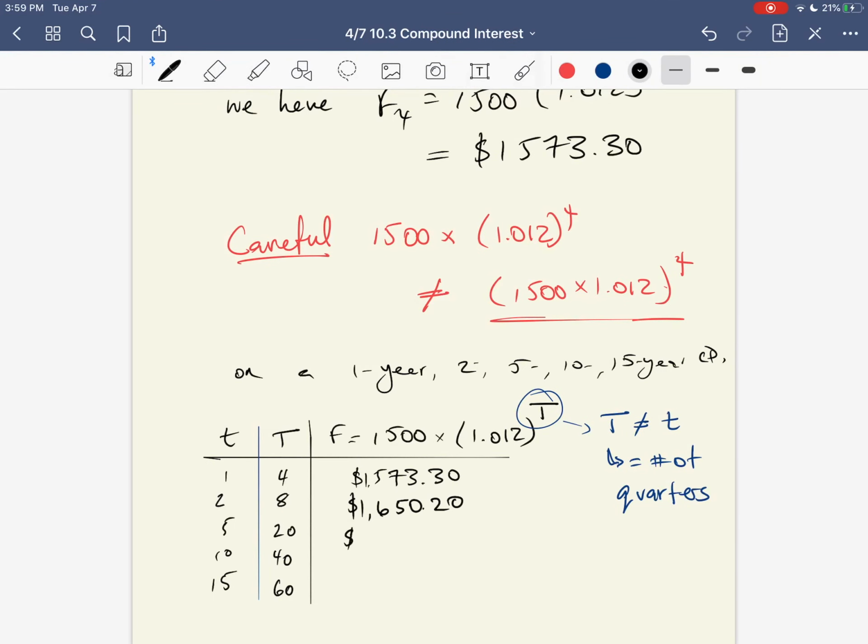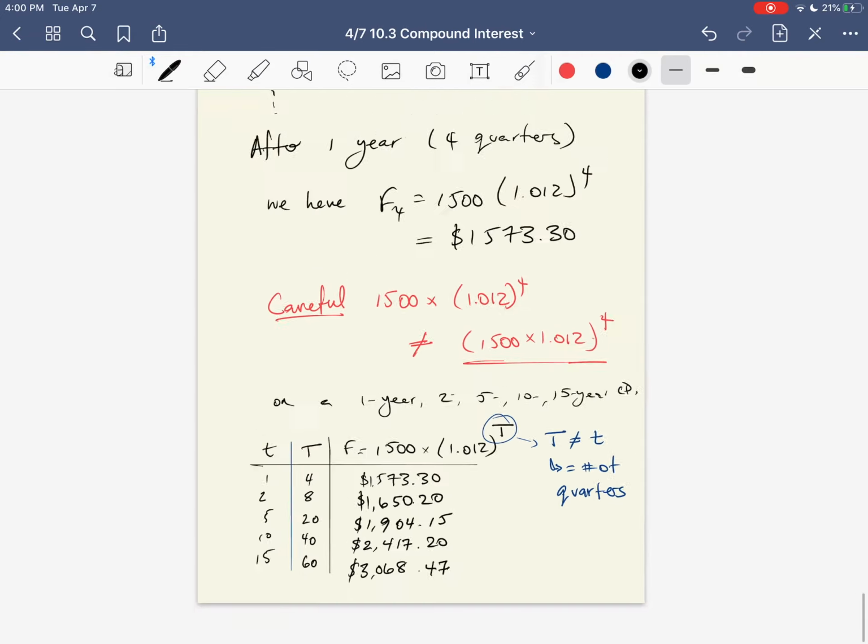So this was $1,904.15. After 10 years, you made $2,417.20. And after 15 years, you made $3,068.47.